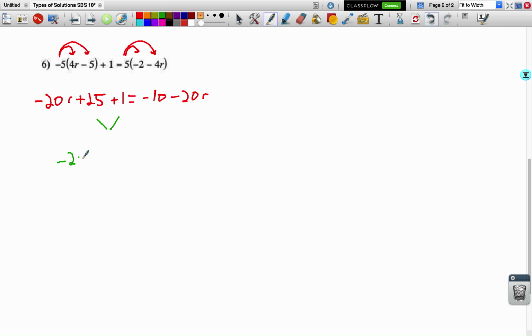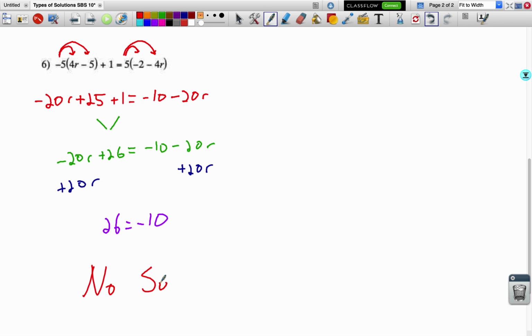So now I've got negative 20r plus 26 equals negative 10 minus 20r. Got variables on both sides, so I look to combine them. I'm going to add 20r to both sides. And I get 26 equals negative 10. All the variables have canceled, and I'm left with a false statement. So what do I say? No solution.